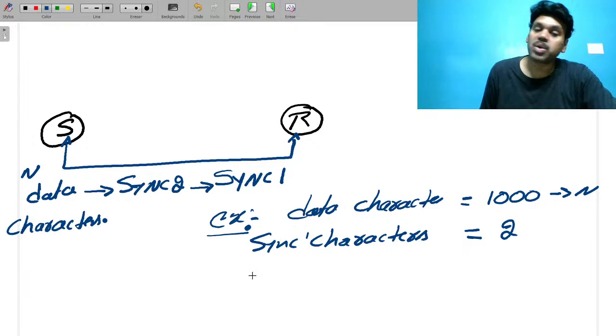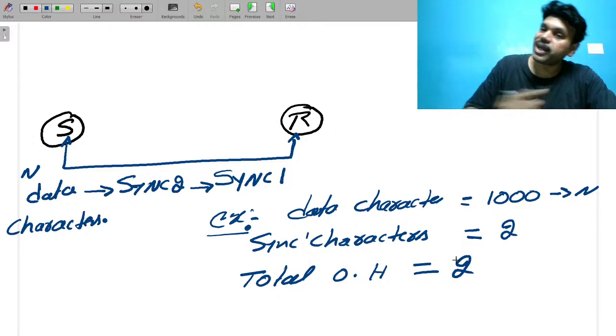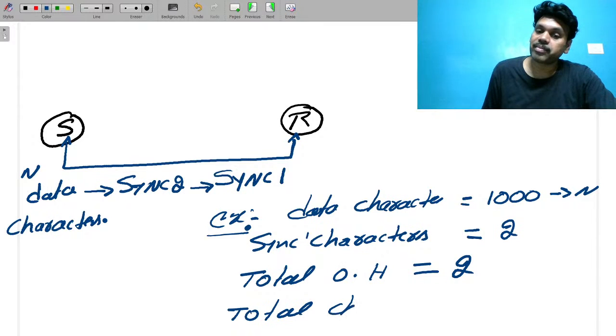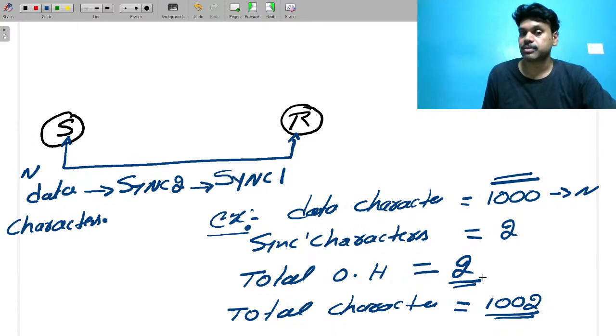Then what is the total overhead here? Your total overhead is only 2, because 2 characters precede the n data characters. So your total characters are 1002. 1000 is your data and 2 is your extra.